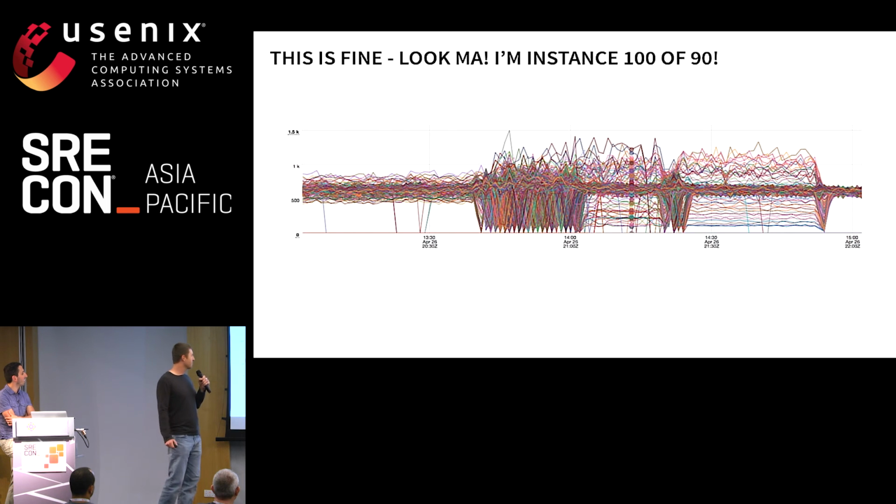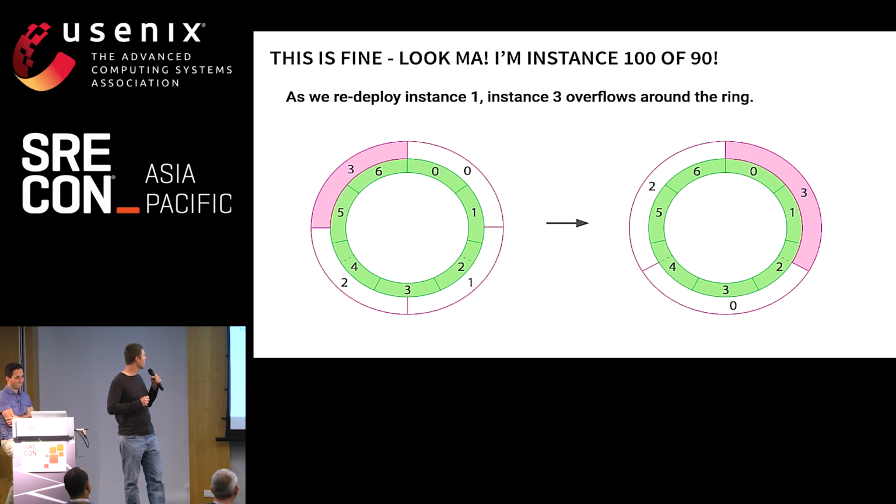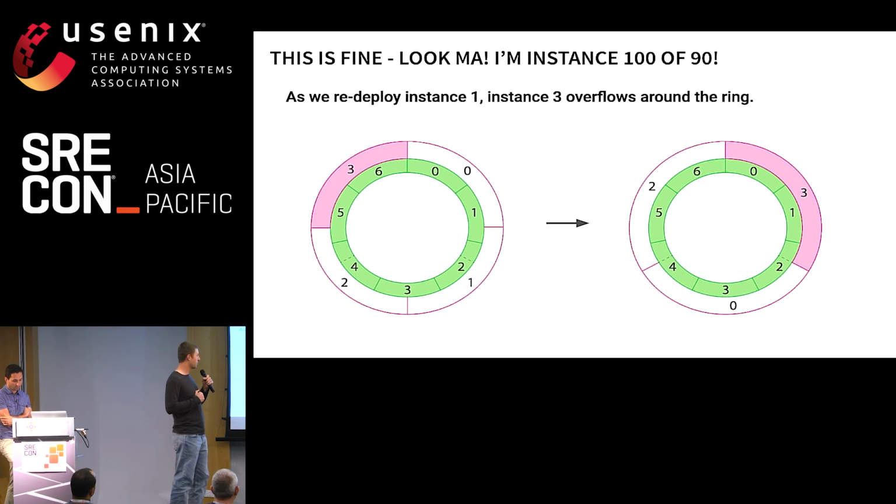So what happened here? What happened is that during the deployment, instances, or high number instances, thought that they needed to wrap themselves around the ring. Basically, we got a ring overflow. And this goes back to the heuristic that Ruben talked about earlier, where instead of simply counting the number of nodes, we now pick the highest number node.